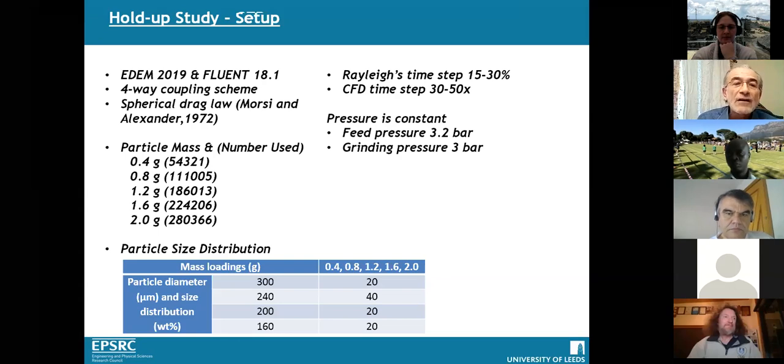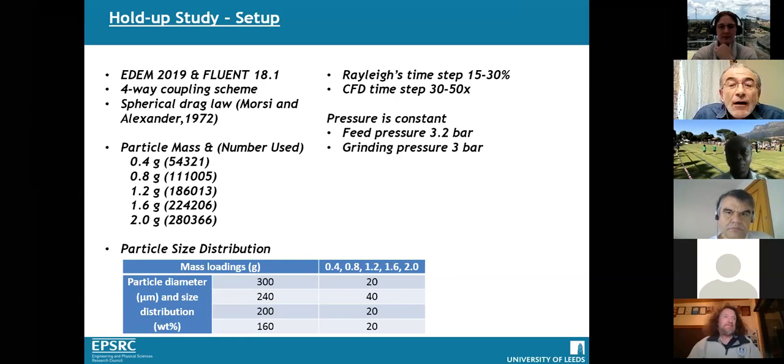We use spherical drag laws for calculation of particle velocity. For the integration time step for particles, we use Rayleigh time steps of roughly 15 to 30%, and the CFD time step roughly 30 to 50 times the Rayleigh time step.